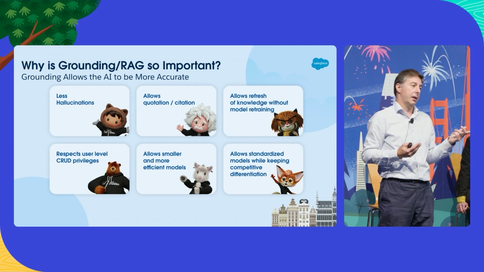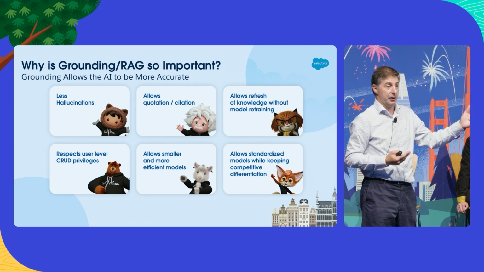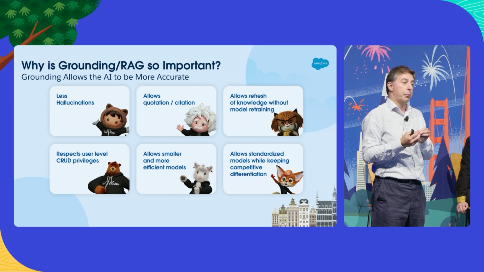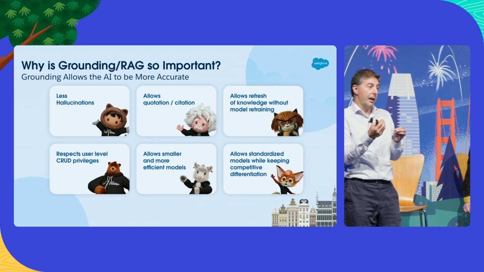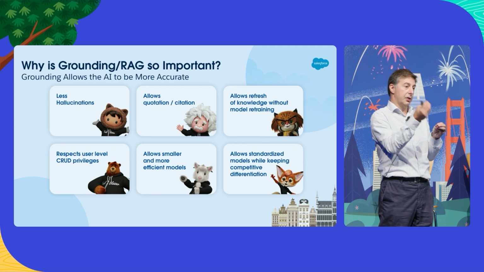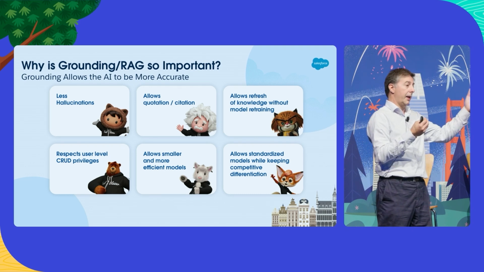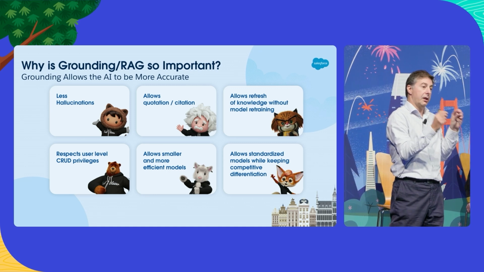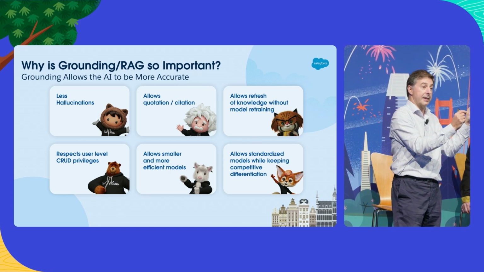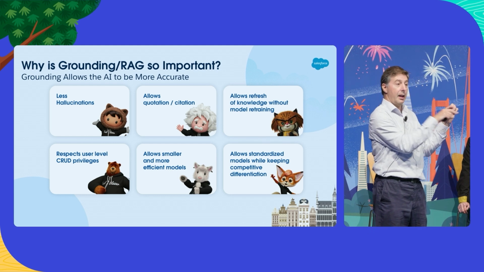But there are also other advantages, like citations. Citations are very important to instill trust into the user because the LLM can associate the sources that it uses to generate the answer and thus gives you that information that you can put in a blue link in your answer, and the users can click it and inspect it.